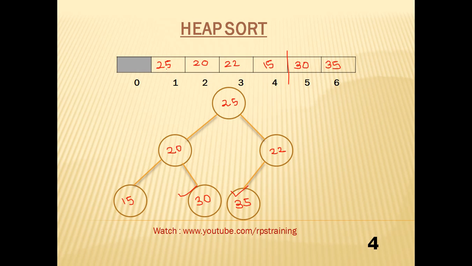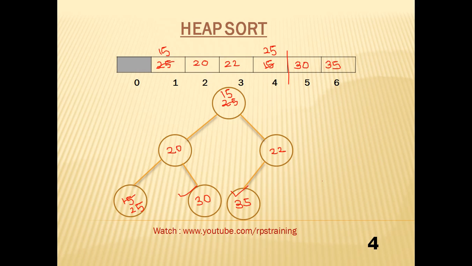Interchange the root item with the third last. It will be 15, it will be 25. 25 and 15, it will be 15, it will be 25.